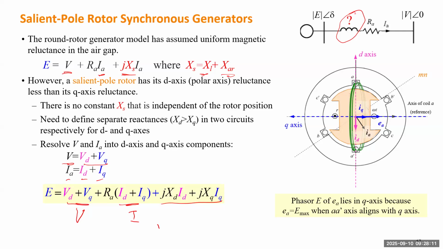One is XD, which needs to be multiplied by the current in the same axis, and XQ is another constant component in the Q axis, multiplied by the Q axis component of current. So this will be our new formula. We won't be able to draw a single circuit, because if you draw a single circuit, this reactance will not be constant. It can change with the time or angle of the rotor.